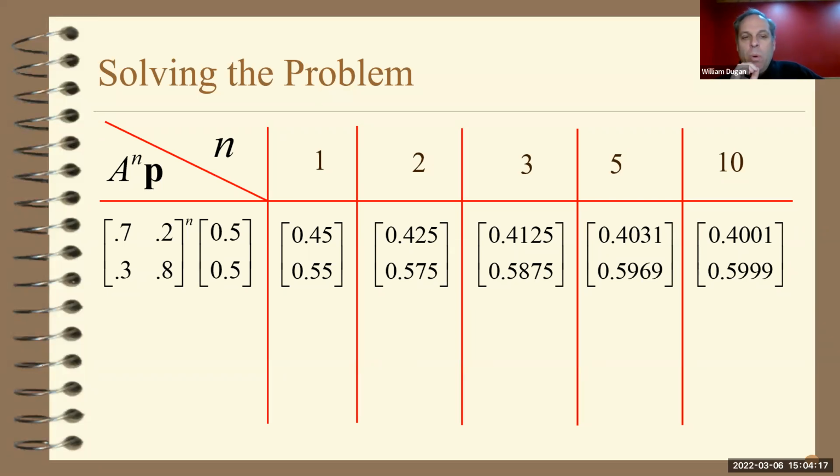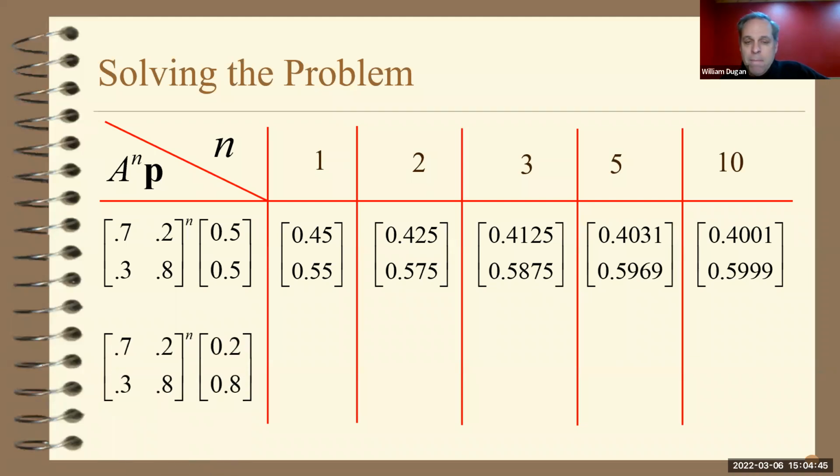The only thing that mattered is that it was a probability vector. Me starting with the assumption that we start off with 50% of the population preferring brand A and brand B was arbitrary. So I suspect that it doesn't matter what p is as long as the entries add up to 1. We should get a probability vector at the end, and it should approach the vector 0.4 and 0.6.